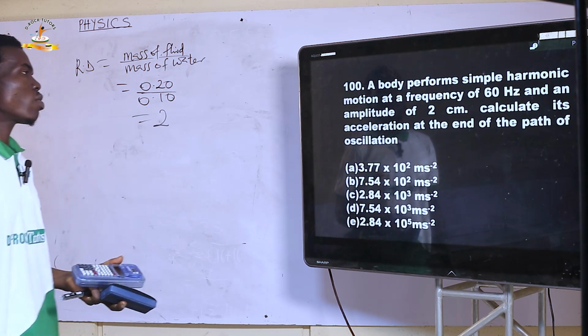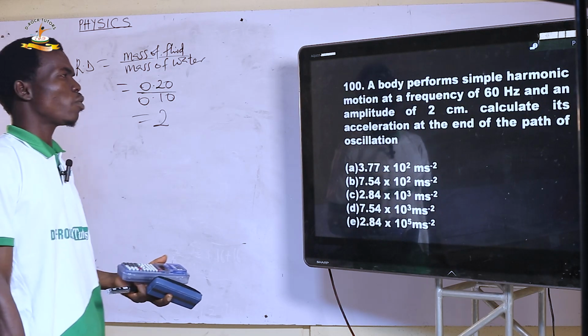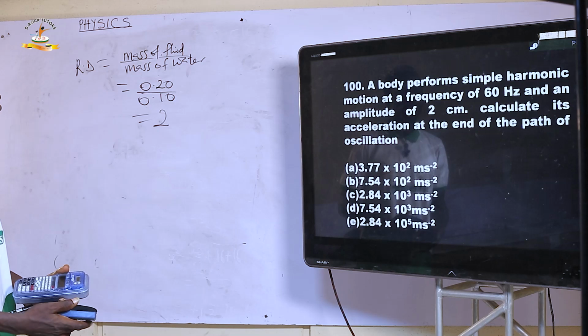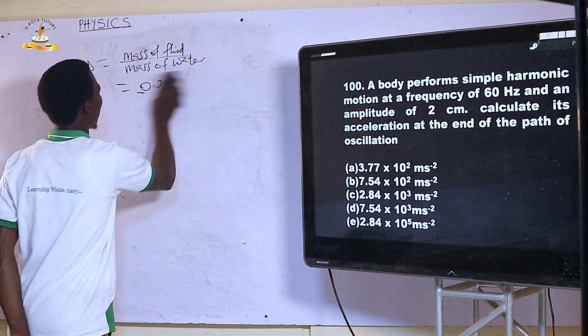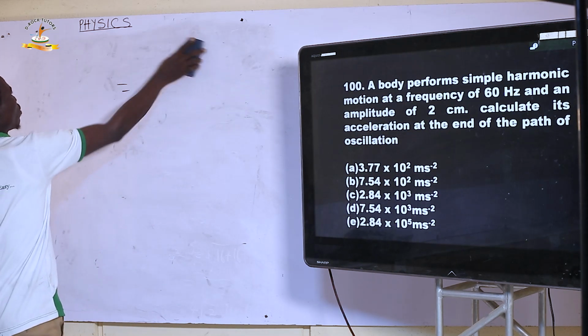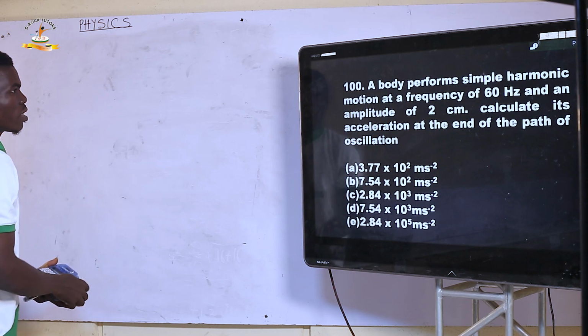Next. Question 100. A body performs simple harmonic motion at a frequency of 60 Hz and an amplitude of 2 centimeters. Calculate its acceleration at the end of the path of oscillation. So this is a problem that we can just write out our parameters.